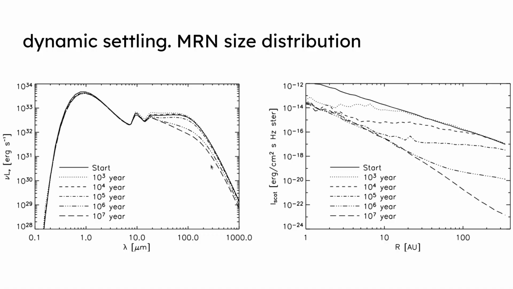And they find it interesting because what they see in the model is that small grains are still quite high up. They still have not settled. Larger grains, yes, have settled, but smaller, no, they're still up in the atmosphere there at larger radii.